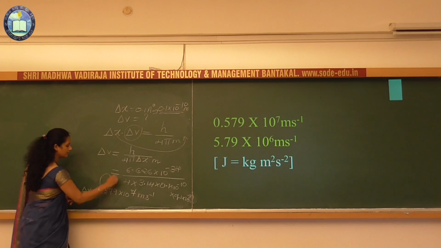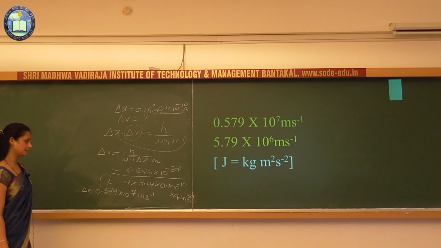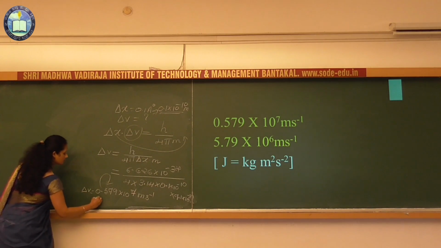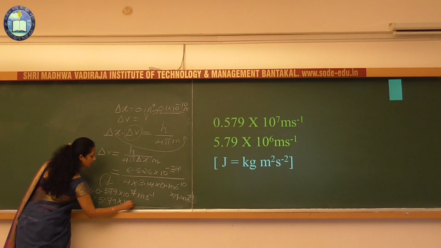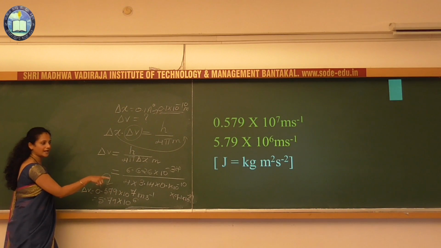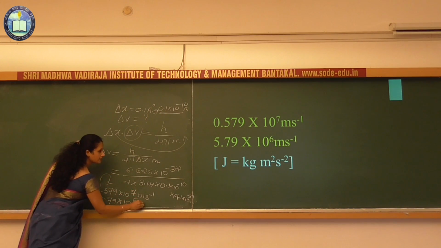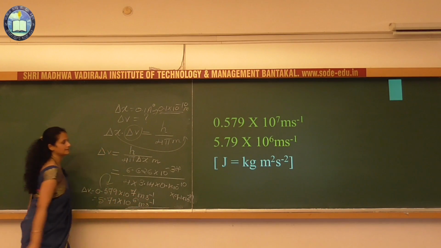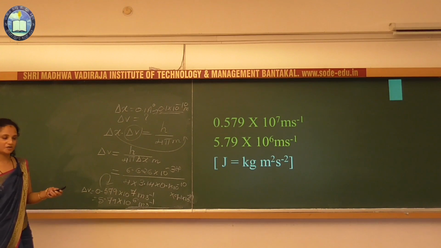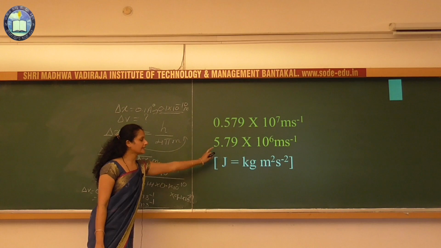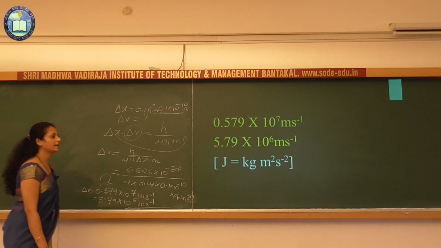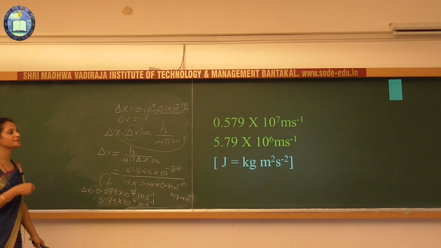Or you shift the point towards the right by one place, so 5.79 into 10 to the power 6 meter per second. This will be the answer. That means delta v, the uncertainty, is 5.79 into 10 to the power 6 meter per second.